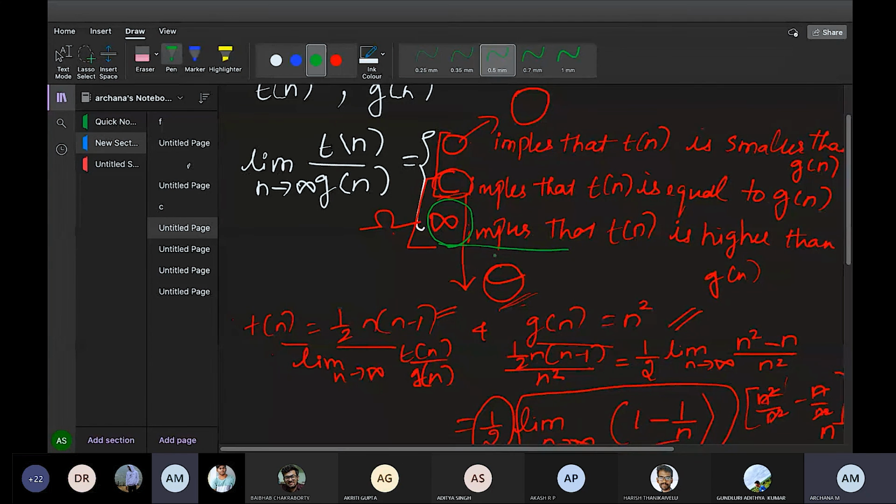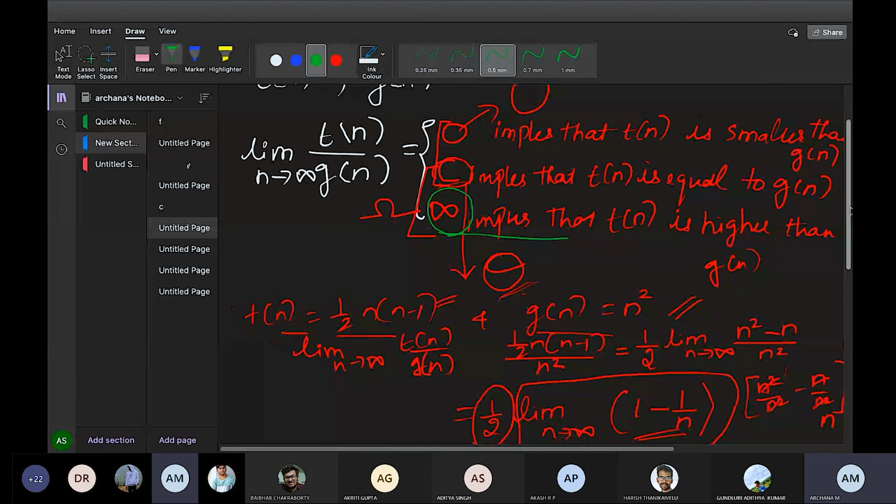So at that time, what happens? They have given one important proof for that. Very important thing you people have to remember. For infinity, they have given one more formula. This is how we take two functions and prove whether t of n is smaller or t of n is larger.